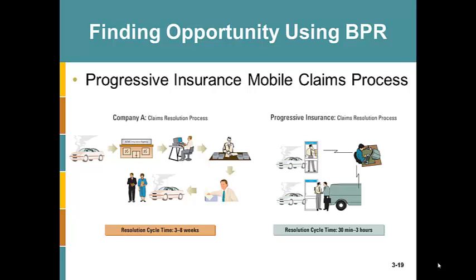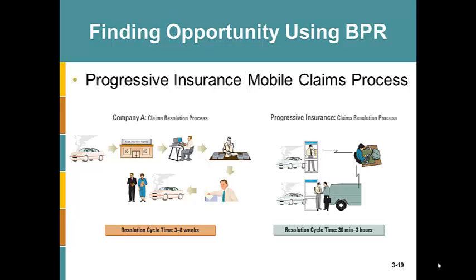The company would have to send out an adjuster to your car. The adjuster would arrive at the car, would determine what's wrong with the car, have to get it fixed, have to negotiate with the repair shop. And in all this time, you're sitting here just wanting to get your car back on the road. So historically that time could take anywhere from 3 to 8 weeks.